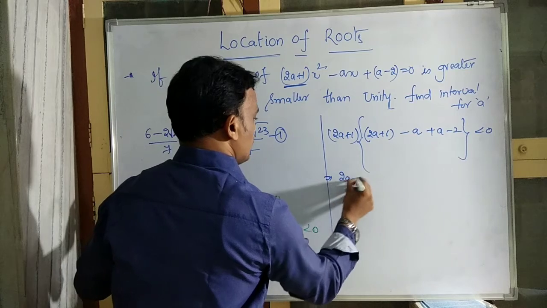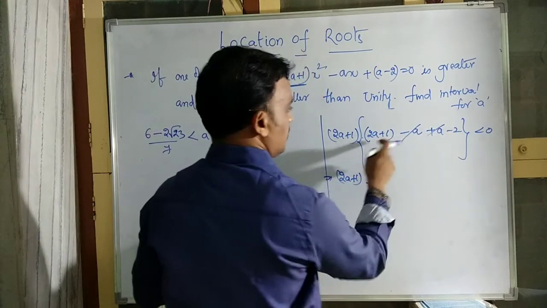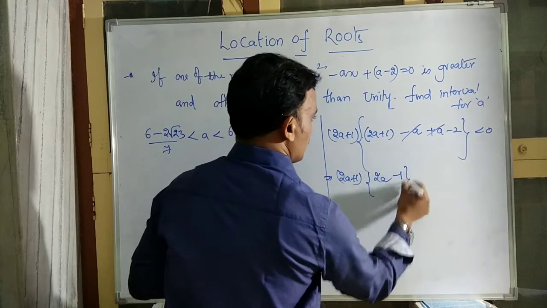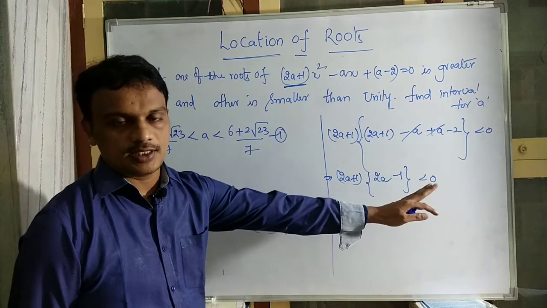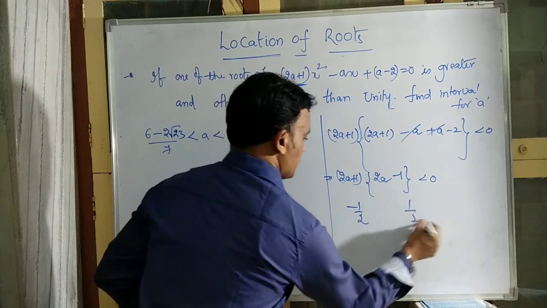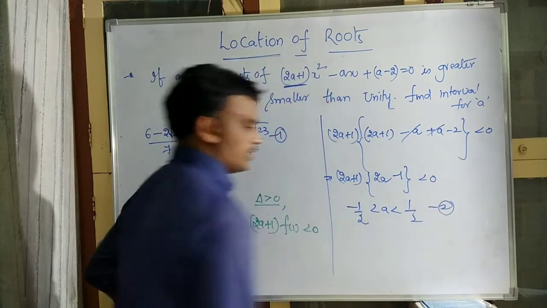This is (2a plus 1) of 2a minus 1 is less than 0. So (2a plus 1) into (2a minus 1) is less than 0. Then the value lies between minus 1 by 2 and plus 1 by 2. This is the second condition.